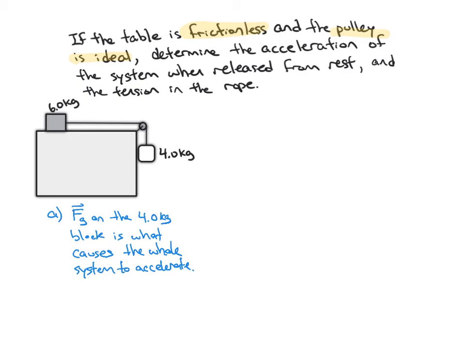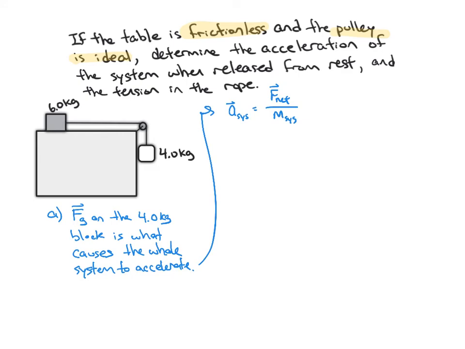All right, so then what we'll do is I'm going to go with Newton's second law again. And say the acceleration of the whole system, I'll put SYS for system, is going to be the net force on the whole system divided by the mass of the whole system.